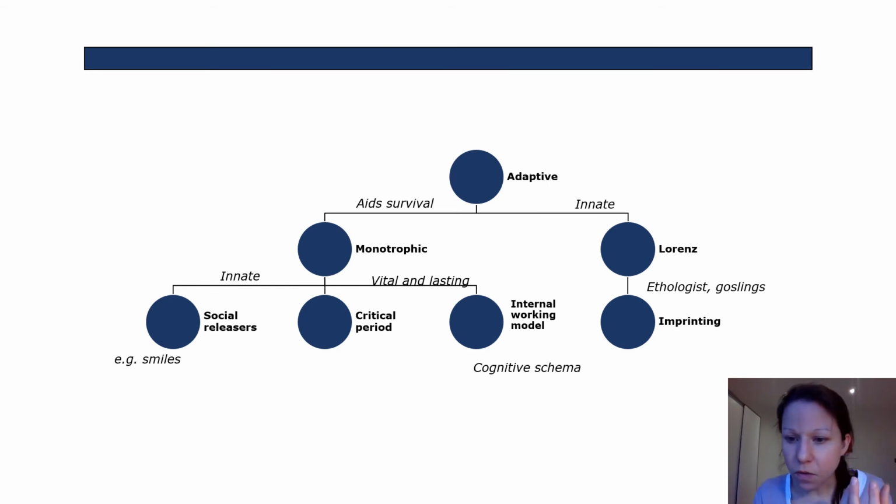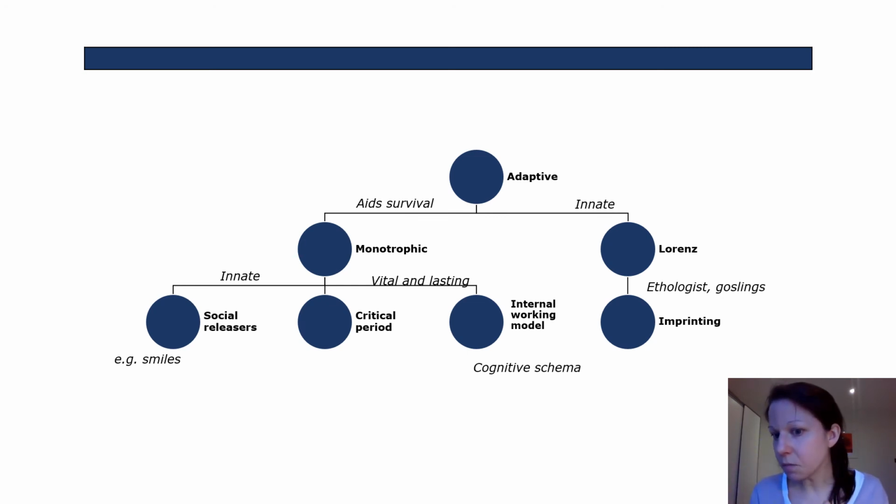And we know that when Bowlby talks about the monotropic attachment, that first important attachment, it's vital, critical, and it's lasting. You'll also see I've put the term cognitive schema on there, because when you form that blueprint, remember that internal working model, when you use all of those experiences, emotional and physical and otherwise, of that first attachment, which Bowlby's assuming is with your mother, he says you're forming a schema of what an attachment is.